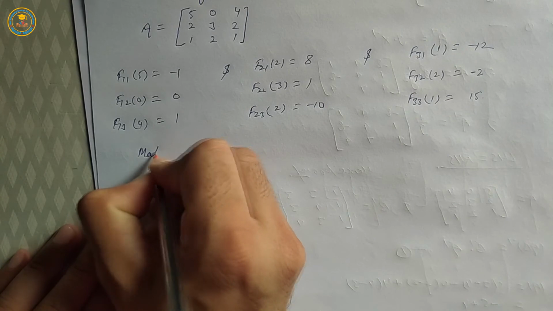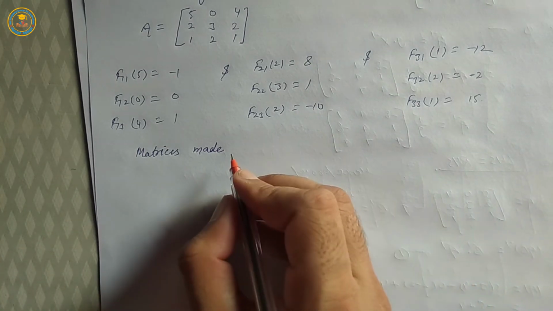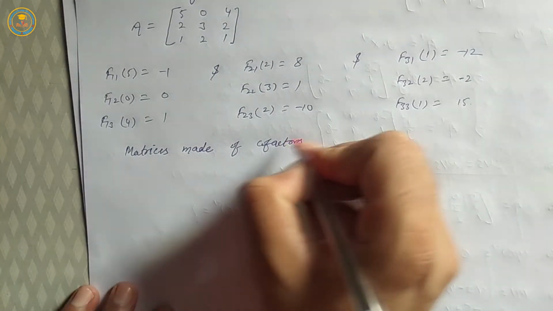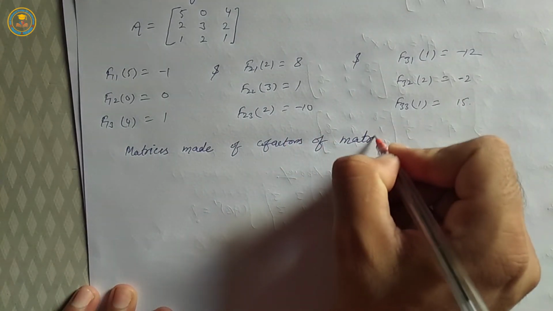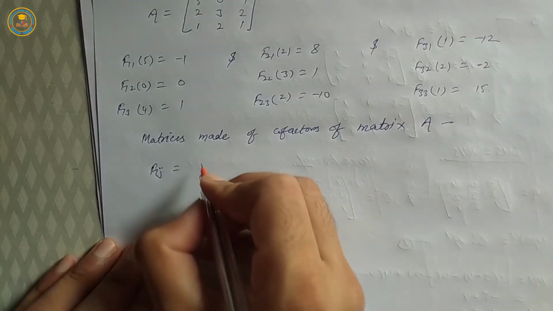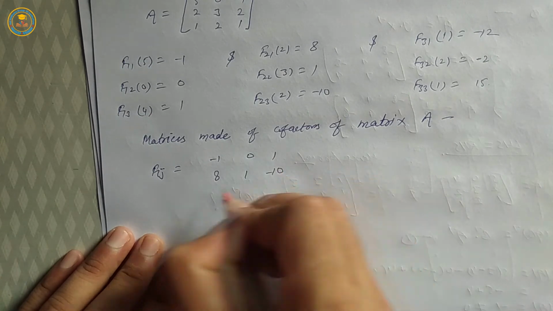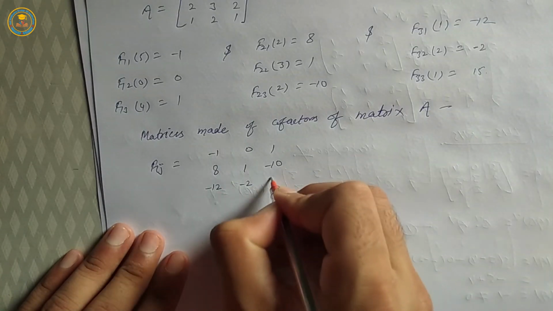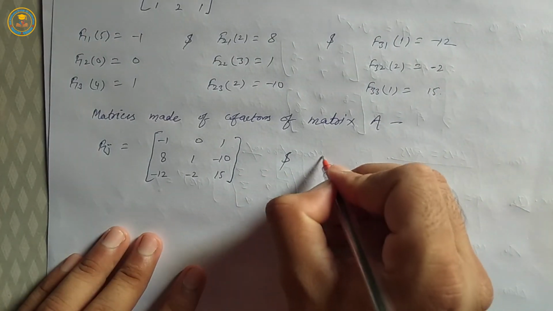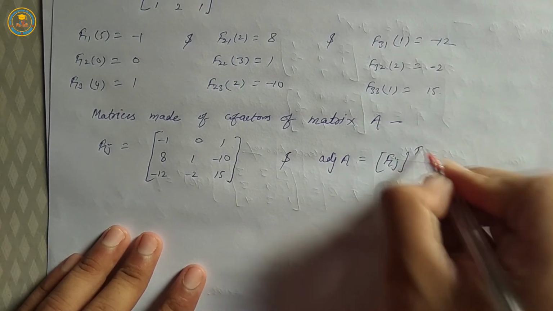Matrix made of cofactors of matrix A, Fij, equal to minus 1, 0, 1, 1, 1, minus 10, minus 12, minus 2, 15, and adjoint A is equal to transpose of matrix Fij.